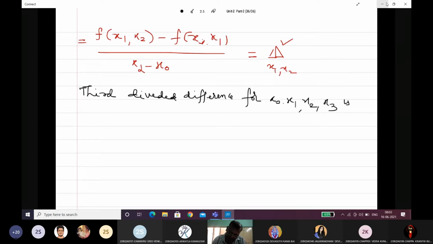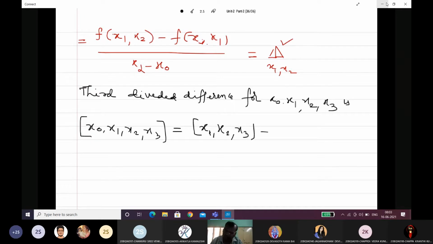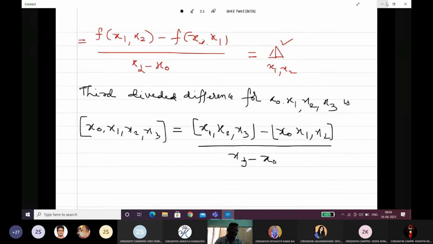That is the notation you have to use: f[x0, x1, x2, x3] is equal to the difference of the second divided differences by x3 minus x0, that is f[x1, x2, x3] minus f[x0, x1, x2], all divided by x3 minus x0, and so on.